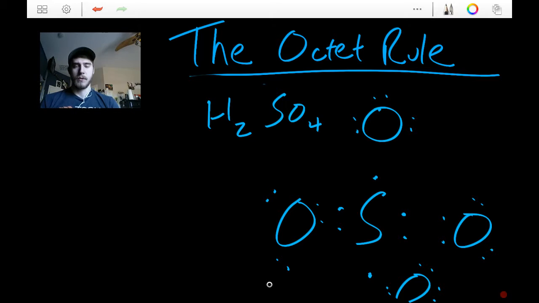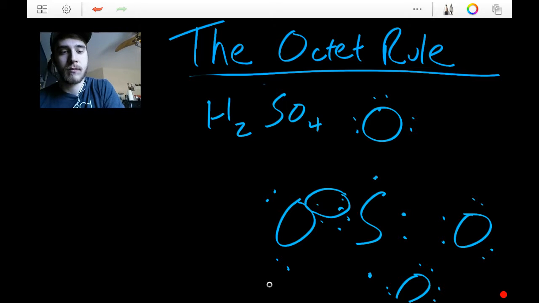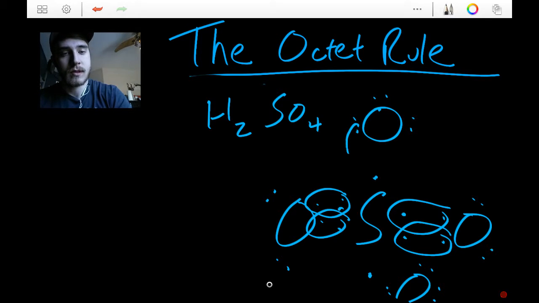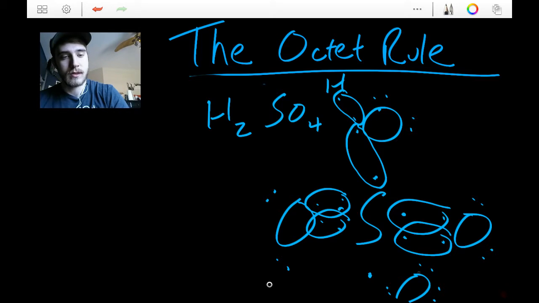Now, if we want to satisfy the valence of each oxygen and each sulfur, what we're going to have to do is actually double bond both of these oxygens to the sulfur. Use a single bond for this oxygen, add an H here, and do the same over with this oxygen.